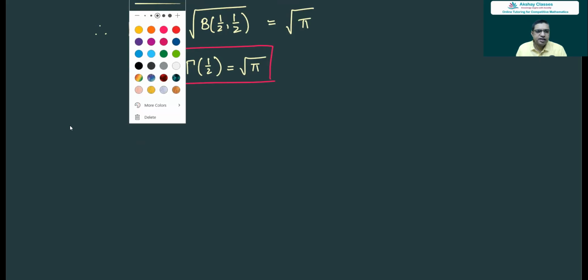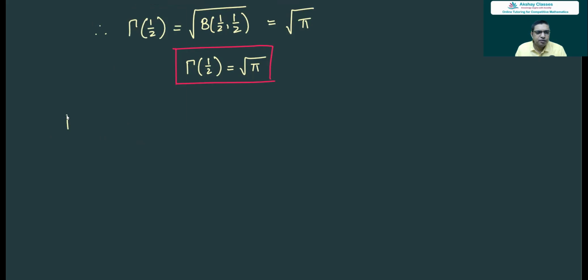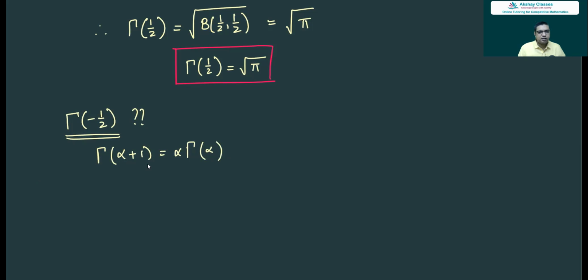So now further extensions of this. If gamma of half is under root pi, what will be gamma of minus half? Then we will have to call for this result. So from this, because we know gamma of half, what should we substitute to find gamma of minus half? Should we substitute alpha as plus half or minus half?